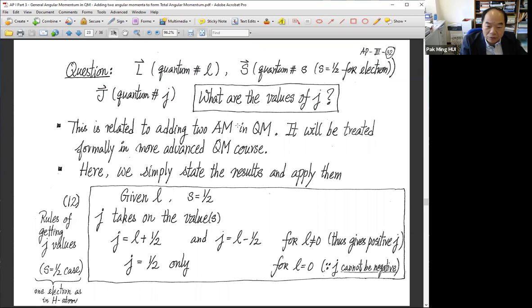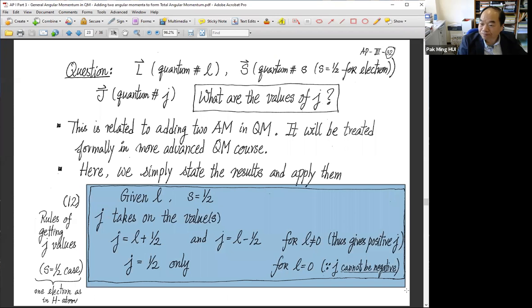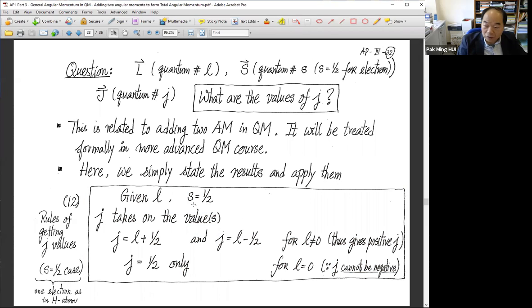I'm not going to tell you the mathematical derivation because that is in more advanced courses. I give you the result and we apply them for many occasions. That's the idea. So now let me state the rule. So the take-home message is this box. For the hydrogen atom situation, 1 electron, so S is always half.